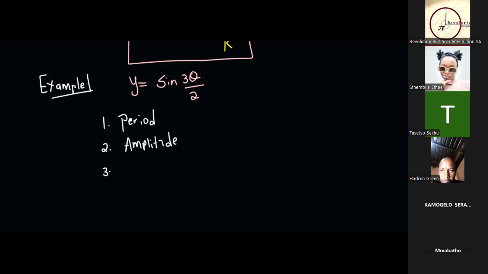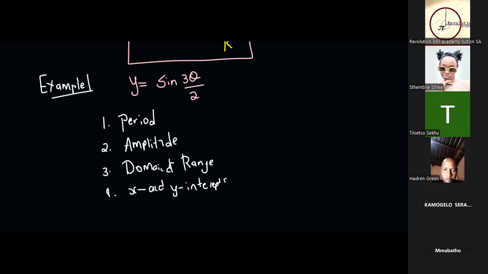And then on number 4, we're going to find the x and y intercepts. And then on number 5, we're going to find the maximum and minimum turning points. Sorry for my handwriting.